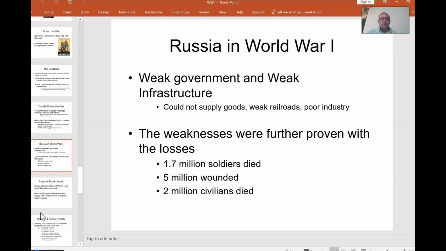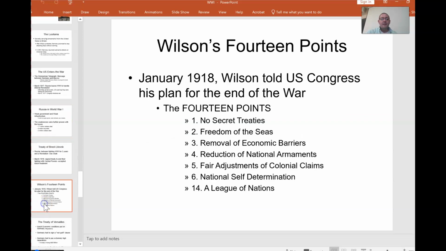So Wilson, once America enters the war in April of 1917, the war comes to a pretty quick conclusion. So in January of 1918, America has been in the war now for about 8 months. The United States, President Woodrow Wilson offers what are called his 14 points.